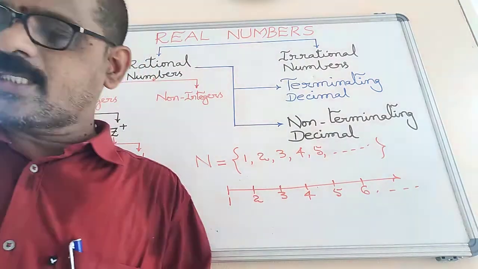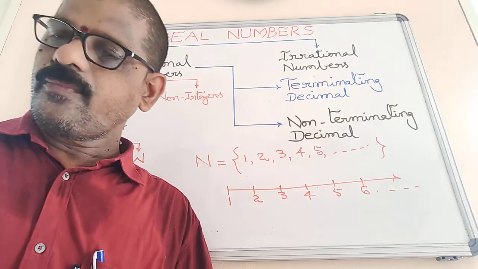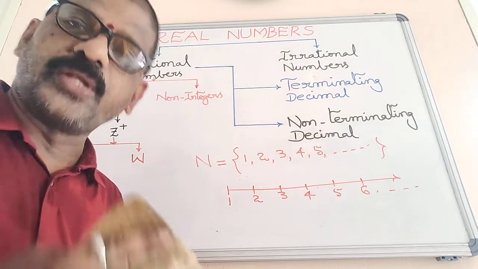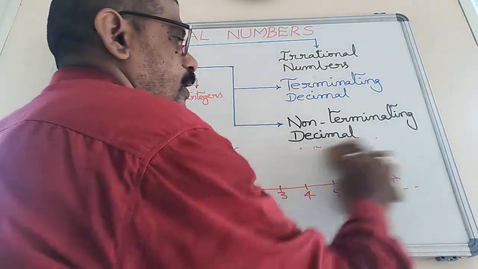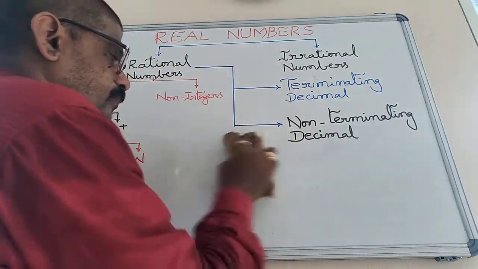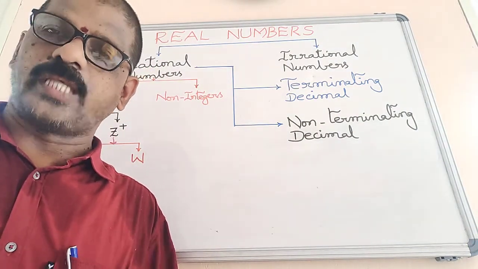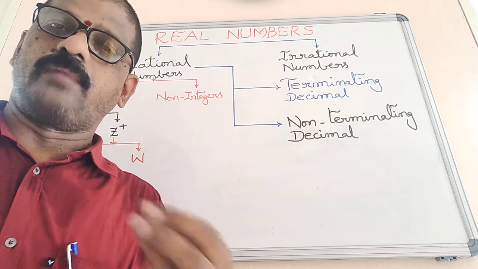The next one is whole numbers. Whole numbers means natural numbers along with 0. Natural numbers, the counting numbers, along with 0 are called whole numbers.